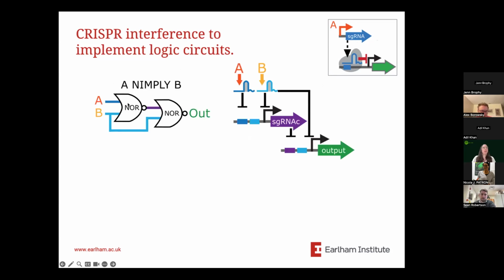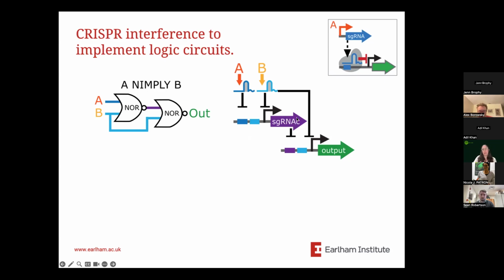What is quite nice is that they implement different NOR gates. For a NOR gate, you put two different DNAs to have the sgRNA able to bind and repress. So then you have expression only when none of the inputs is present.